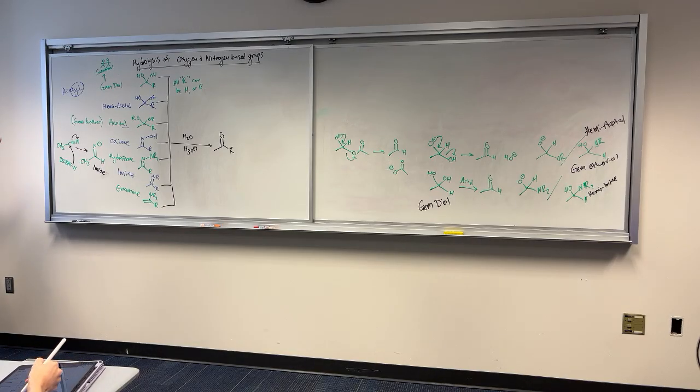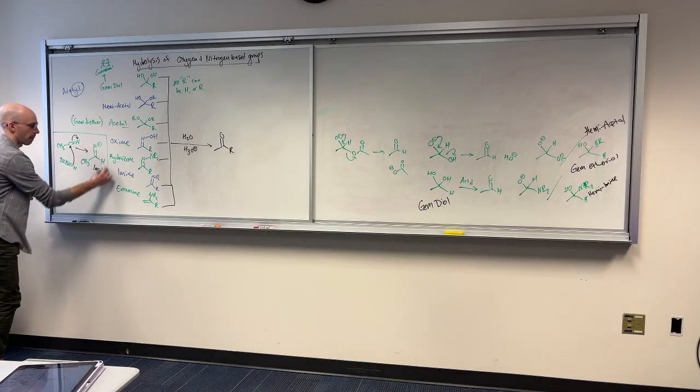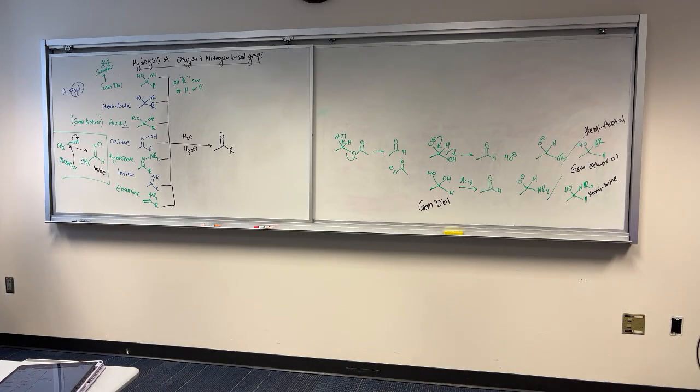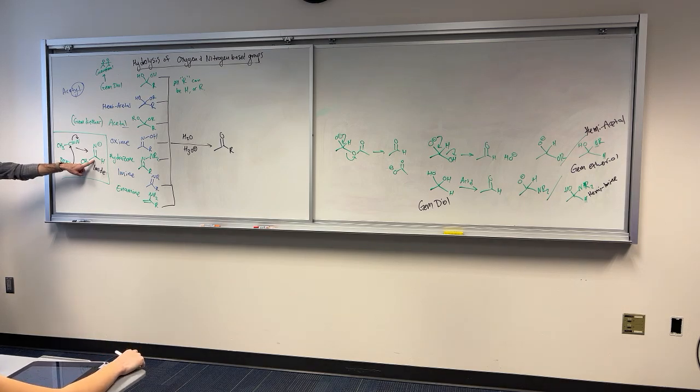Which of these functional groups looks the closest to the intermediate of the DIBAL reduction with the nitrile? The imine. Which means when the imide forms, and then you do aqueous workup on the imide, you protonate the nitrogen and you form an imine.